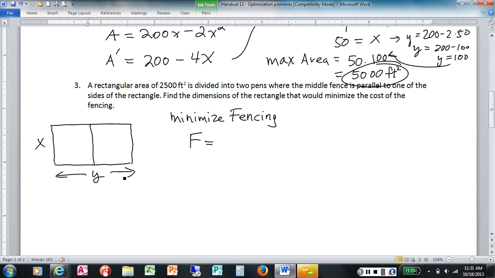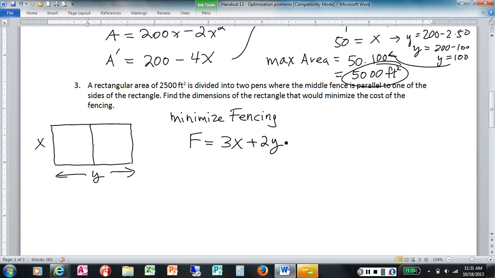It doesn't really matter for our purposes. So let's just call the whole distance across the bottom y. So fencing-wise, what have I got? How many x's do I have? 1, 2, 3 x's. And I've got 2 y's. Three x's plus 2 y's.